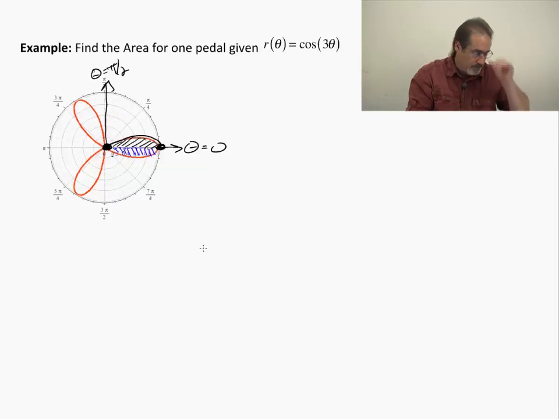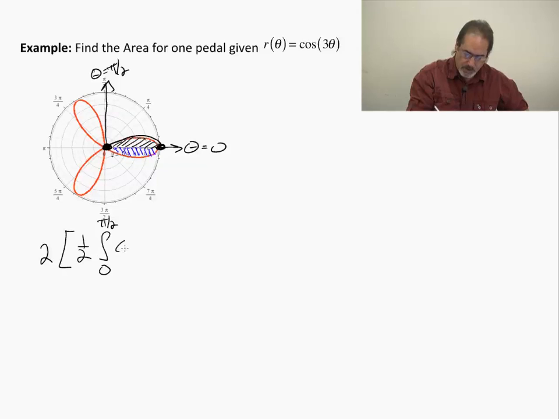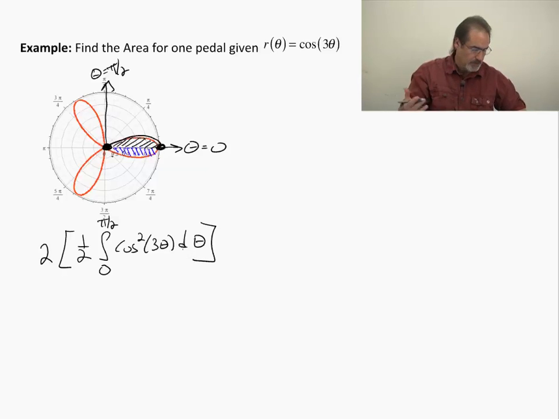So I'm going to take a look at twice the integral. I'm going to change that just a little bit. I need a bracket in here. I'm going to put twice 1/2 the integral from 0 to pi over 2 of cosine squared of 3 theta d theta. And that should do it for me.